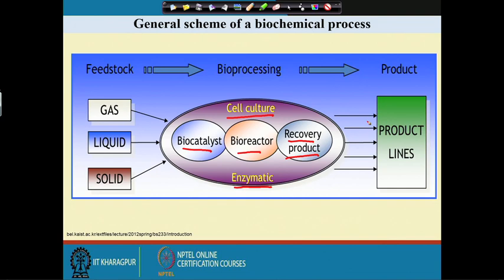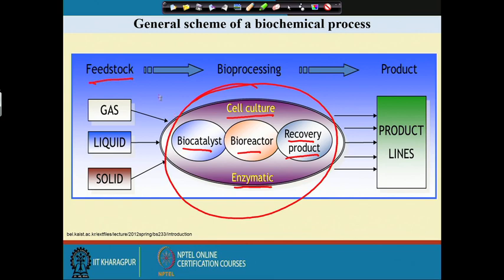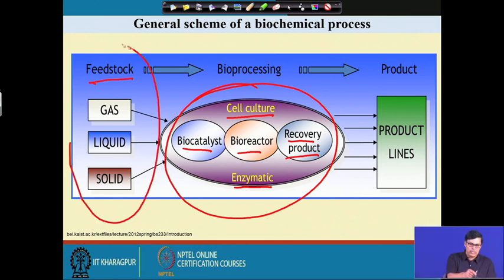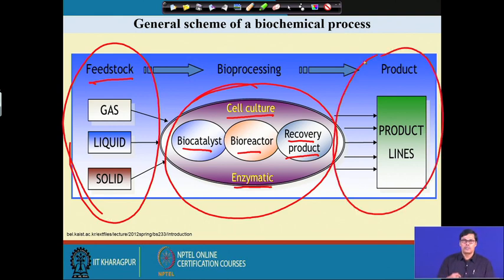One is the main part where the biochemical reaction takes place. Before the biochemical reaction takes place, we have to prepare our feedstock, and this whole unit we call upstream processing. And then after the product formation, we have the purification of the product.